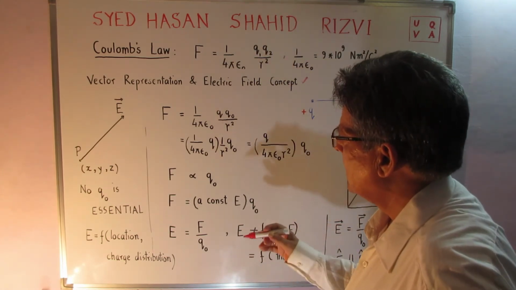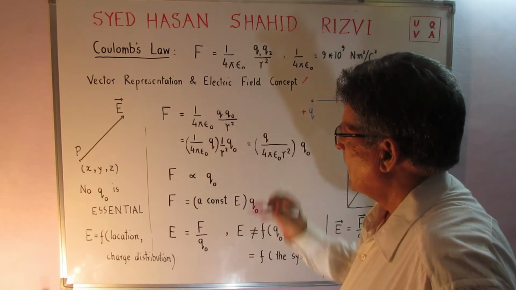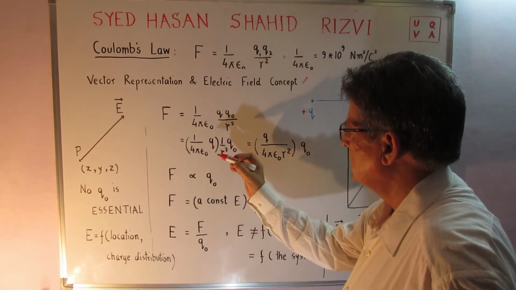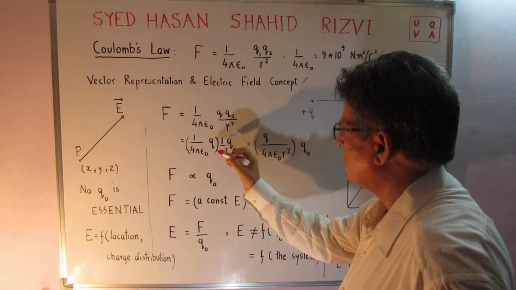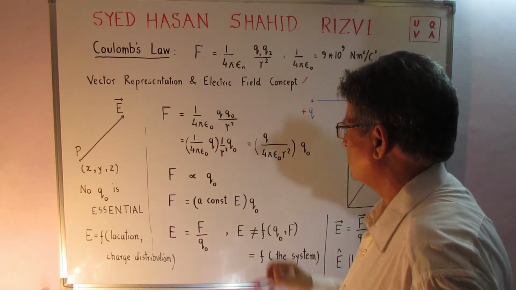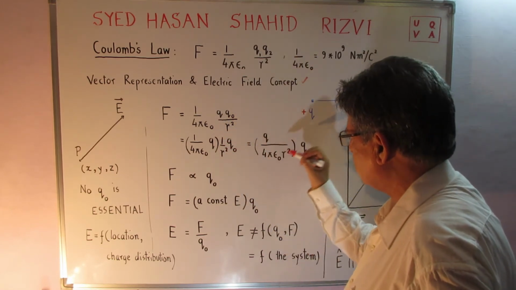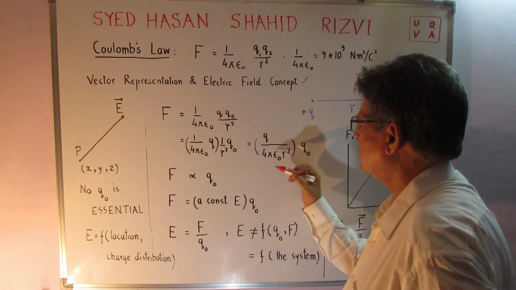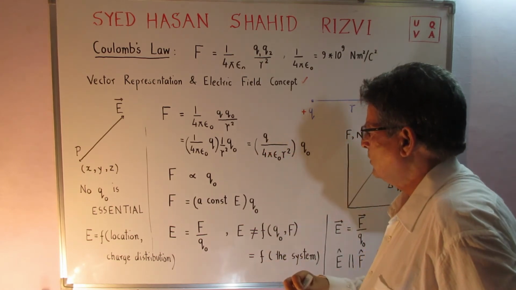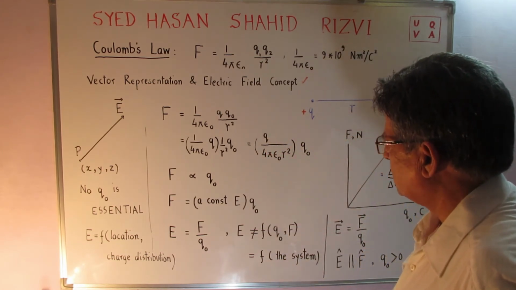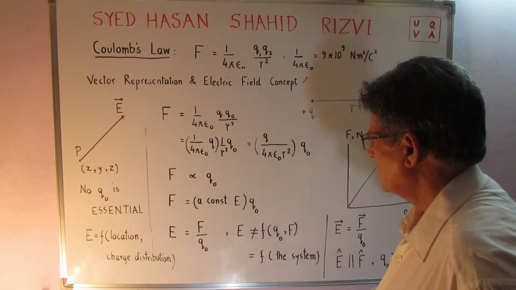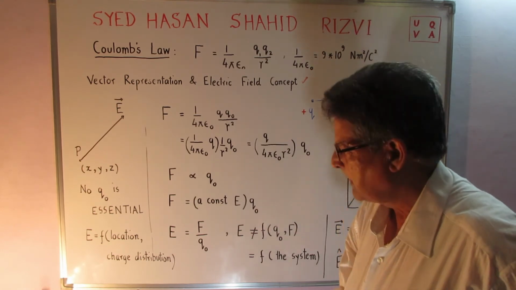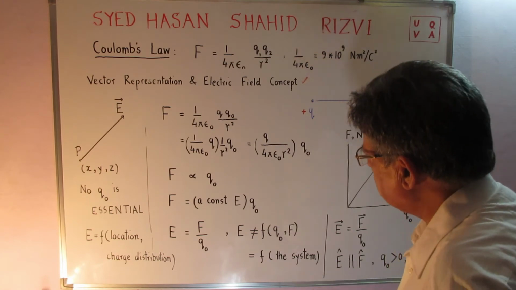So this I can write as 1 upon 4 pi epsilon naught Q into 1 upon R square Q naught. Or putting them together, first time I am writing it like this, Q upon 4 pi epsilon naught R square multiplied by Q naught.